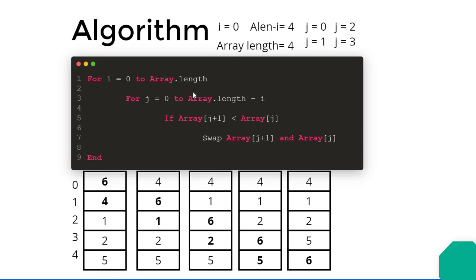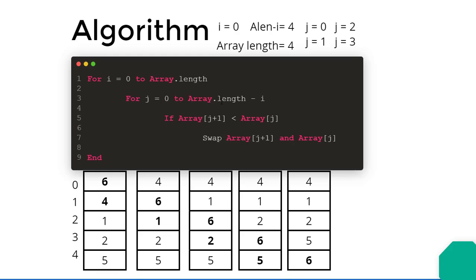Now I will become 1 and j will again start from 0, but the only change is here: there is no need to check the condition for this last index, because in the past iteration we have already sorted this 6.